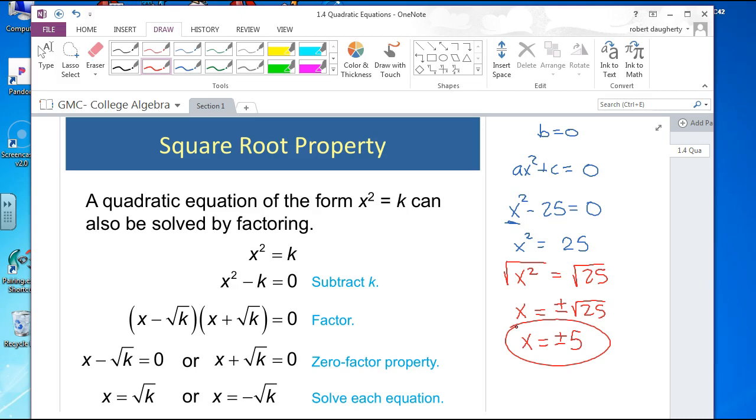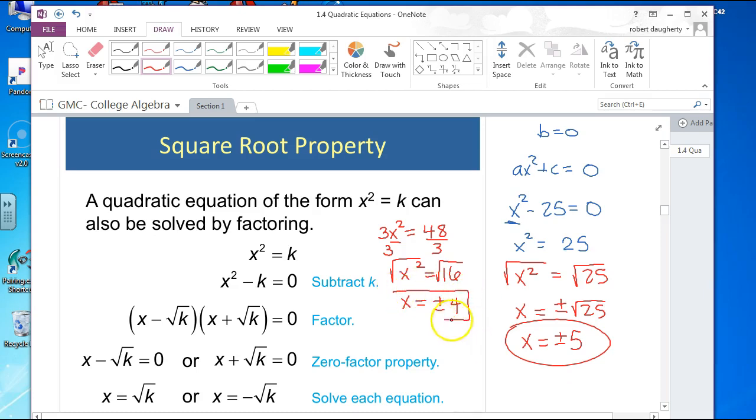What if I had something like 3x squared equals 48? Well, what I really want to do is isolate this x squared term, so I can divide both sides by 3 and I get x squared equals 16. And then I'm going to take the square root of both sides, x equals plus or minus 4.